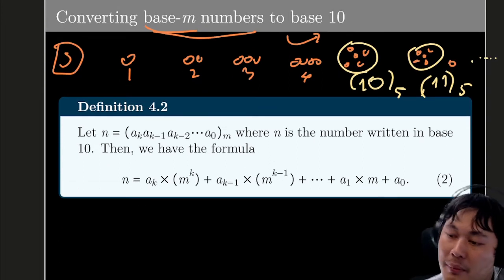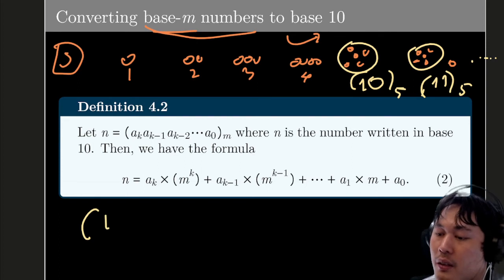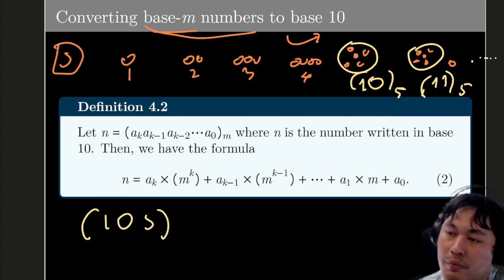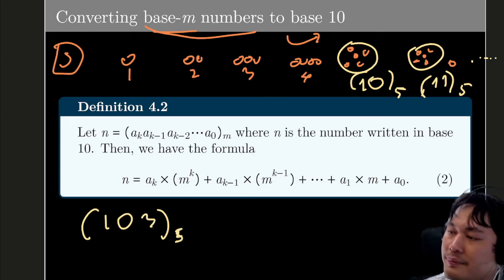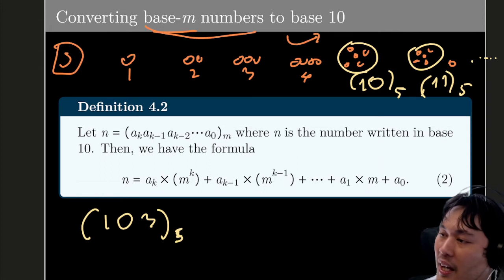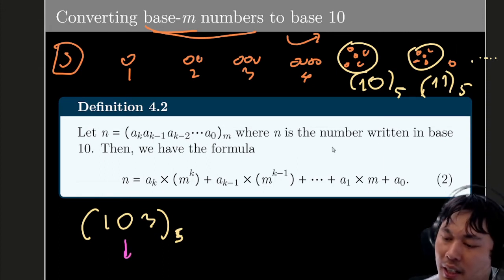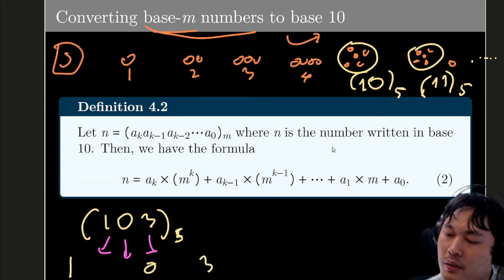And if you have numbers in base 5 already, let's say it's 1, 0, 3 in base 5. Oh, I just made a mistake. Then that's just as in base 10. These digits are the number themselves times the value of that digit.